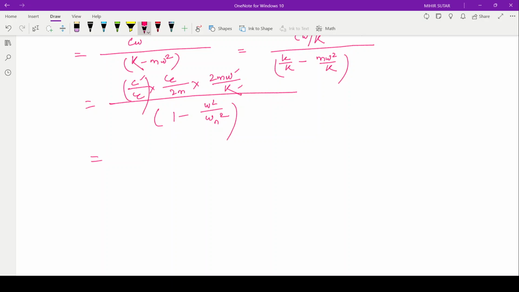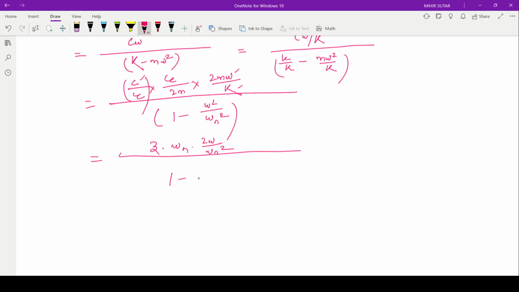What is c by cc? It is zeta. So I'll write here zeta, and cc by 2m. What is the value of cc by 2m? It is omega n, multiplied with 2 omega by omega n square to simplify.